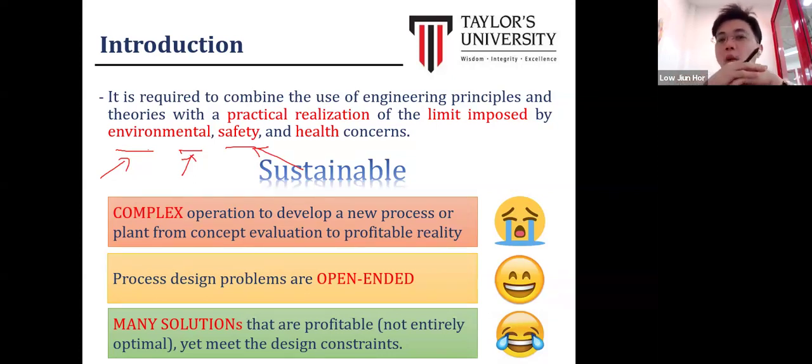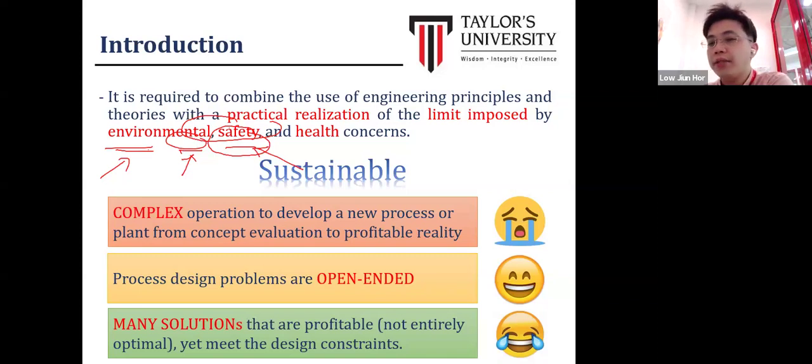Why? Because we need to make sure the chemical plant that we are going to design, first, can be safely operated. Second, it won't give a huge impact to the society. And also, we need to make sure it is eco-friendly. And the most important, it must be practical realization.